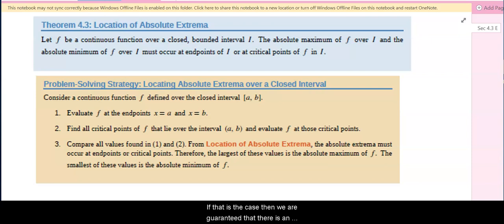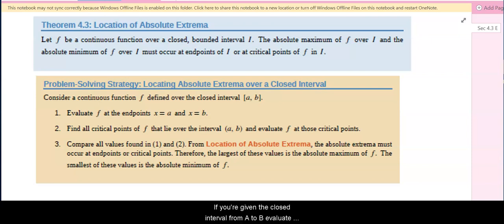If that is the case, then we are guaranteed that there is an absolute maximum y value over the interval and an absolute minimum y value over the interval. The only places that these extrema can occur are at hilltops, valley bottoms, corners, cusps, or at the endpoints of the closed interval themselves. Here's a strategy for finding these places.